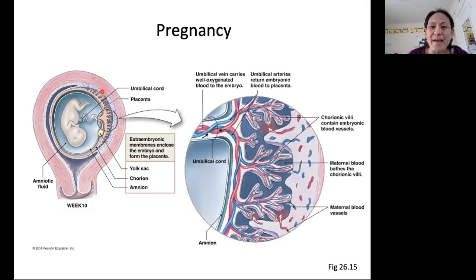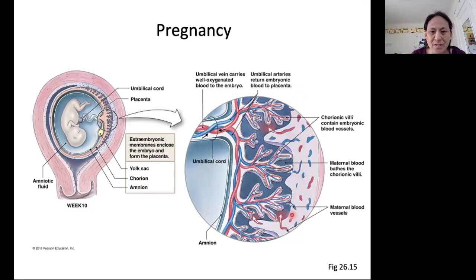Taking a closer look at the placenta and its interface with the uterine wall, this is what it looks like. Okay, so remember that the umbilical cord is going to be bringing materials into and out from the placenta. The placenta forms these finger-like projections called chorionic villi, which dig into the uterine wall, which is right here.